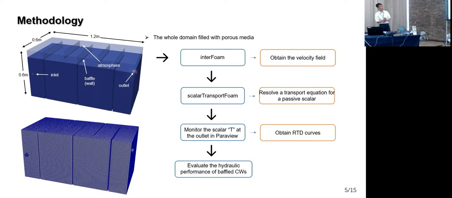And then I simply monitor the scalar T at the outlet in ParaView to obtain the RTD curves. Ultimately, all the indicators can be calculated based on RTD curves, and then the hydraulic performance can be evaluated.